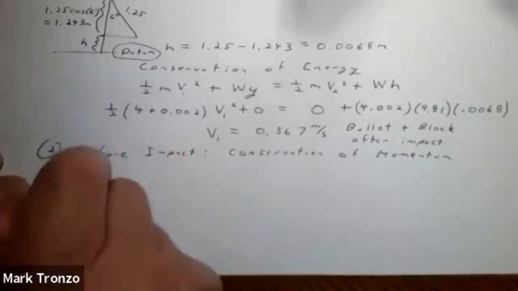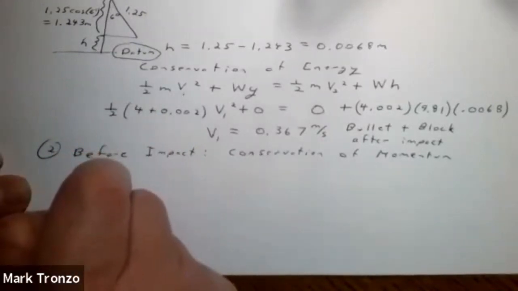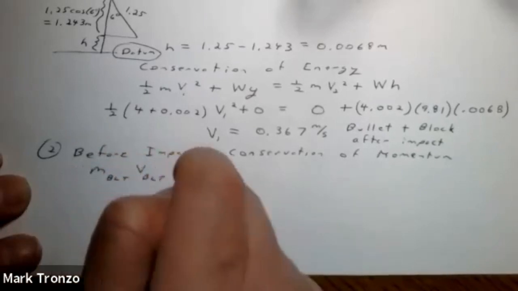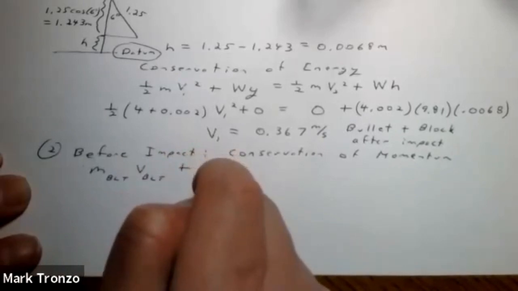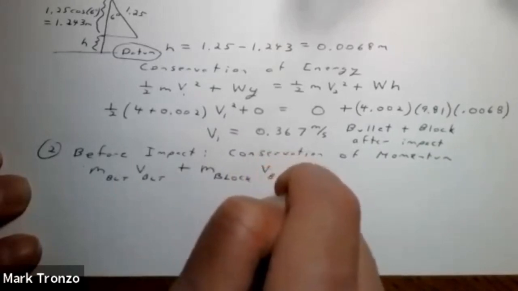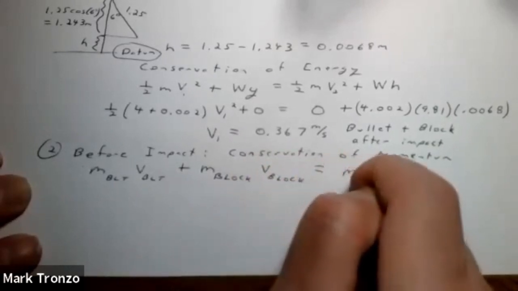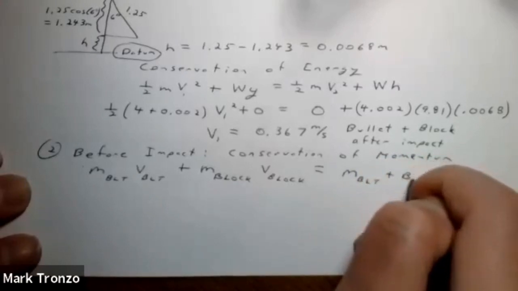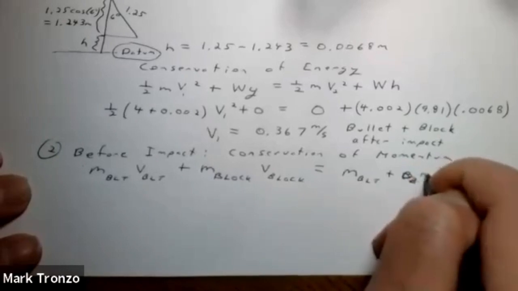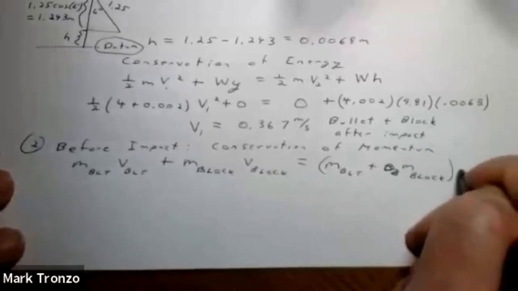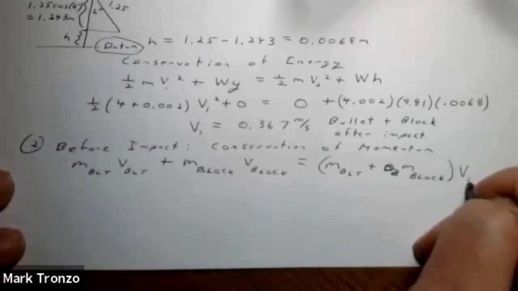It's going to be m of the bullet times the velocity of the bullet, just before impact, when the block is separate, and then the final, which is bullet plus block, m block times our total or final velocity.